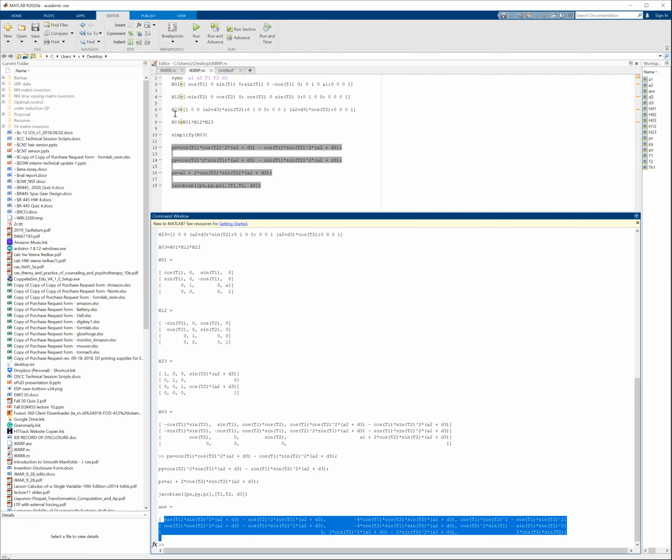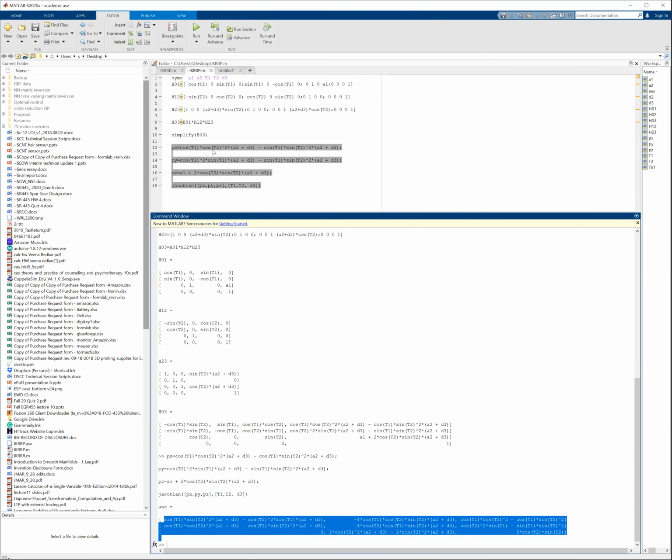And please note, I just have to be clear that the coordinate system has to be consistent. If your coordinate systems are not consistent, your answers would be incorrect. So what does this mean?